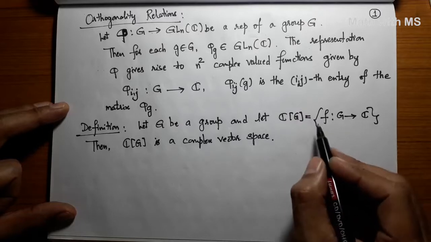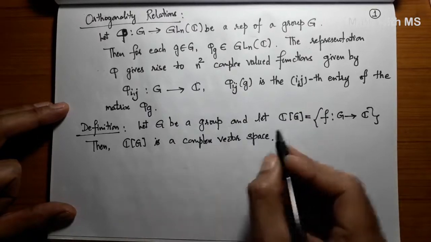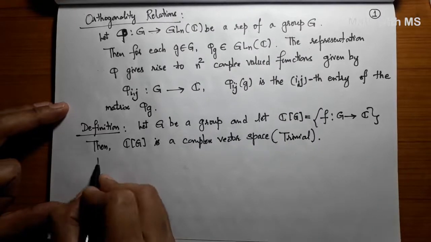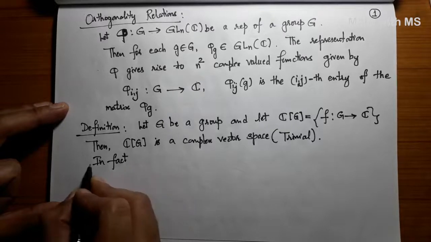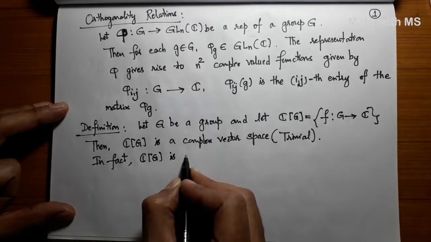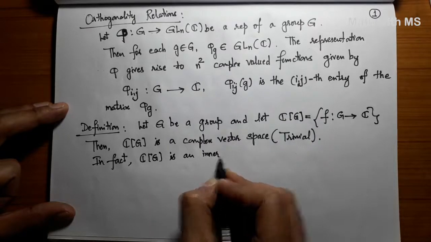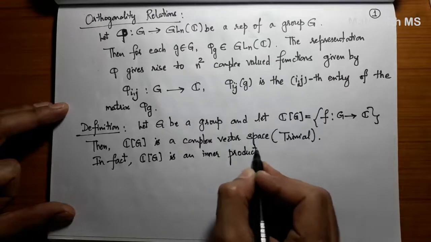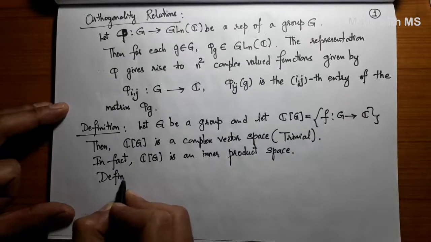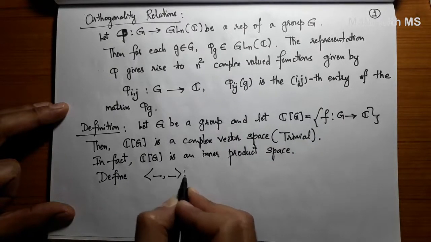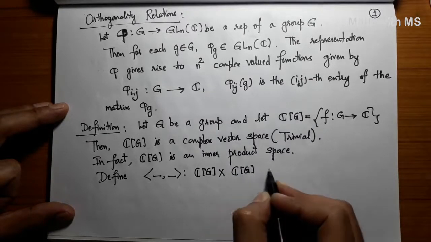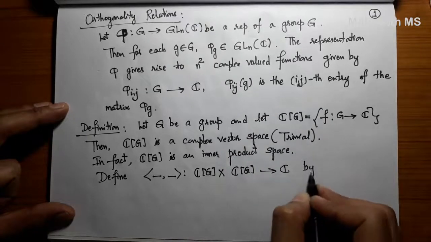In fact, it turns out that CG is an inner product space. So we define an inner product on CG by setting the following.